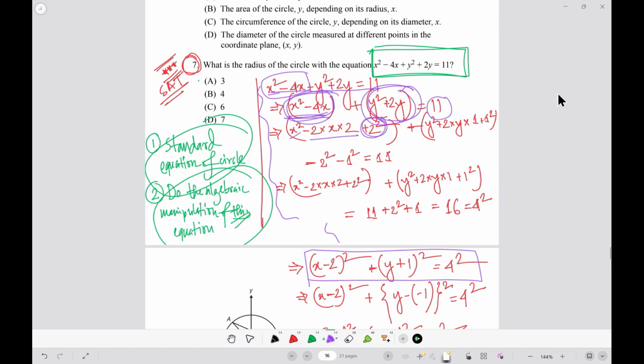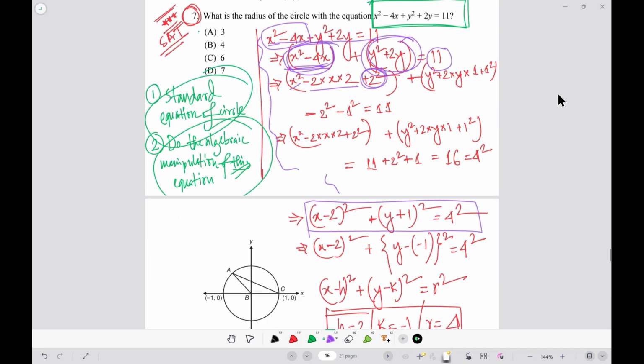Why are we writing this 2 squared? Because we want to make it look like a squared minus 2ab plus b squared. Here a squared minus 2ab is already given, but we don't have a b squared term, so we are adding an extra b squared term to make it look like a squared minus 2ab plus b squared. Do you understand?